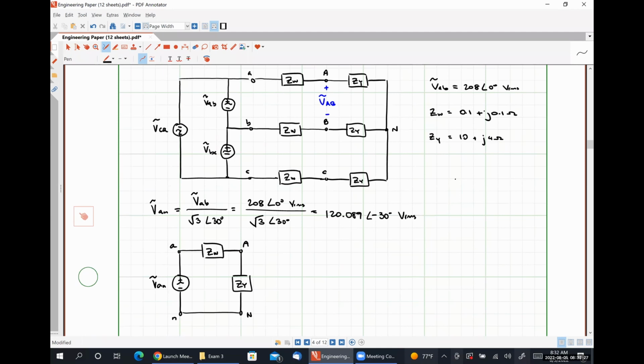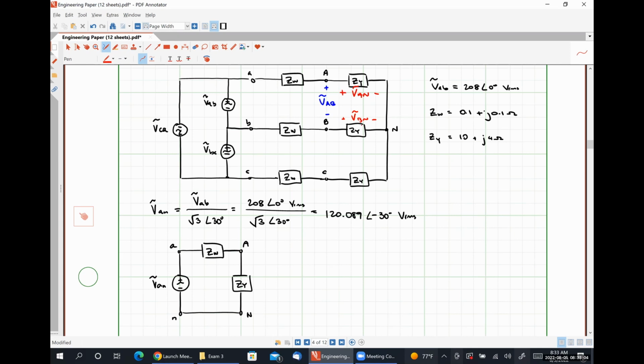One thing that I want to note here is that the voltage that we're looking for, VAB, is not able to be directly solved for in our single phase equivalent circuit. However, this phase voltage, VAN, and this phase voltage, VBN, could be solved for using single phase equivalent circuits.